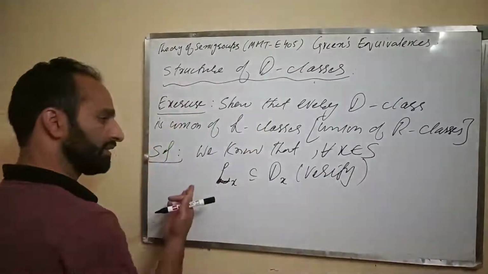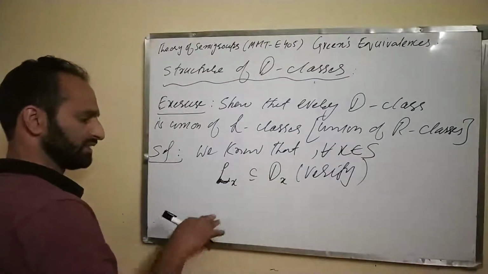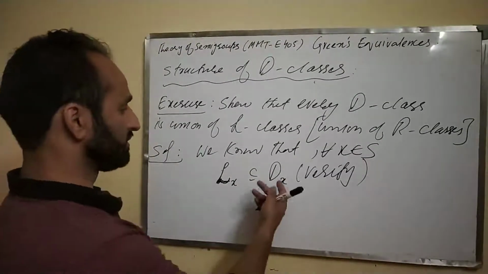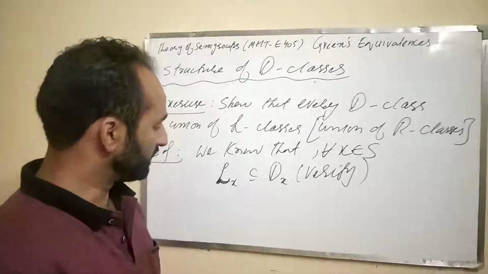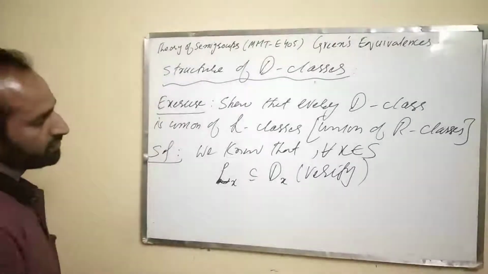You choose any element here and need to prove that it is also D related to x. It's simple because if it's L related to x, it's always D related, as D is actually the least upper bound of L and R. So this is always true.